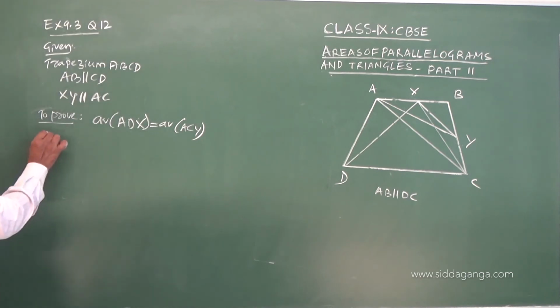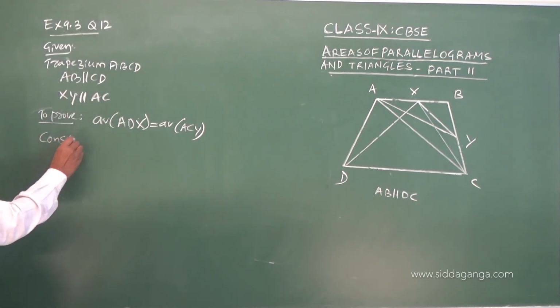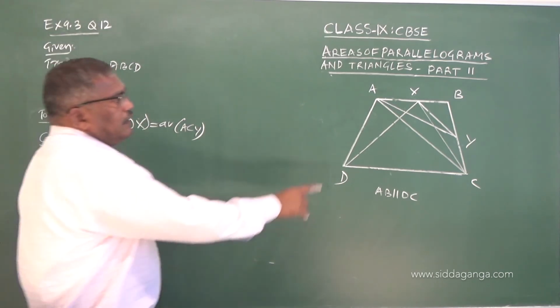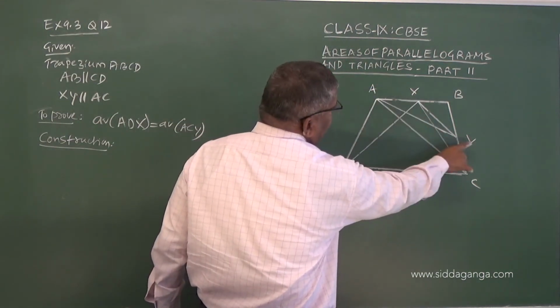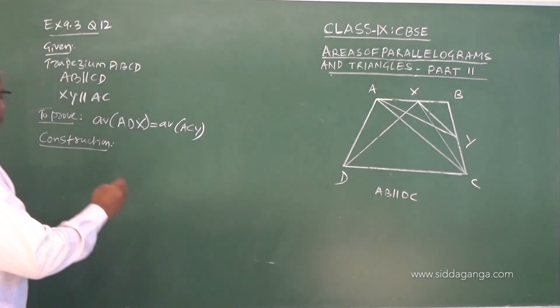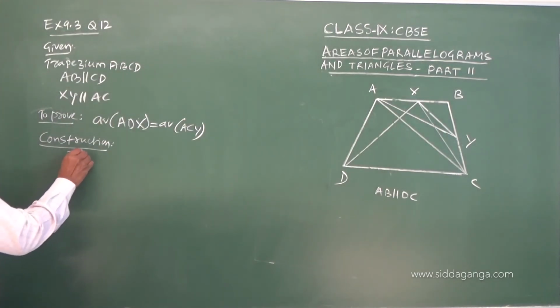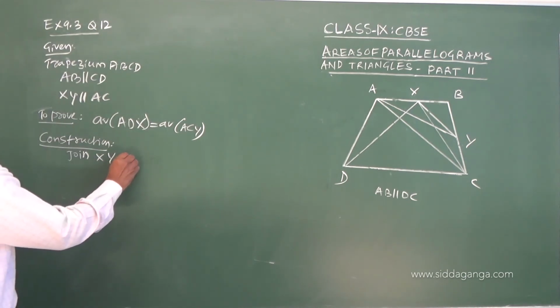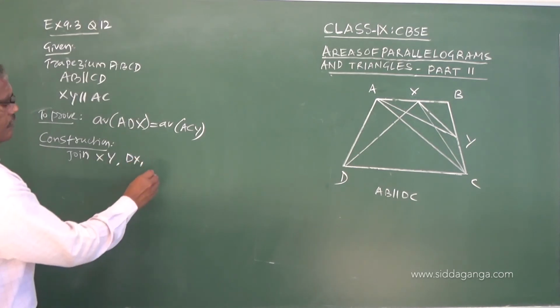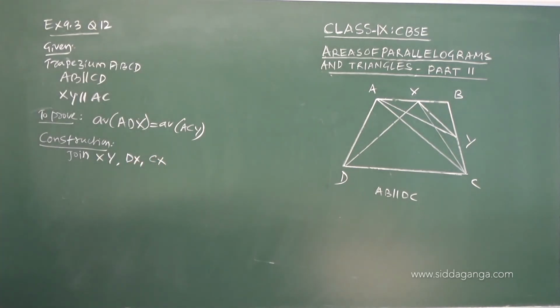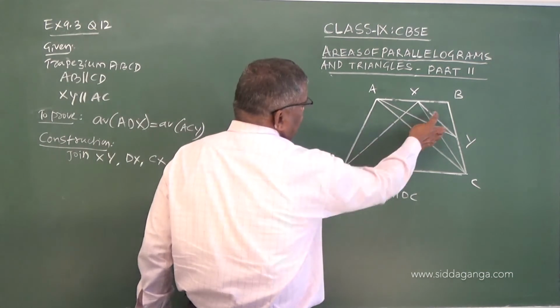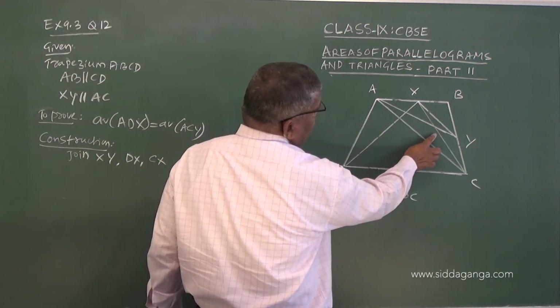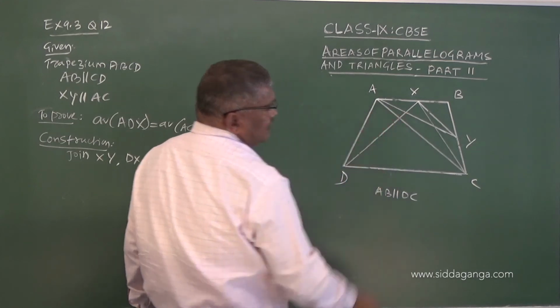Now, construction. See, X and Y are 2 points such that XY is parallel to AC. So, join XY, DX, CX, AY and AC.